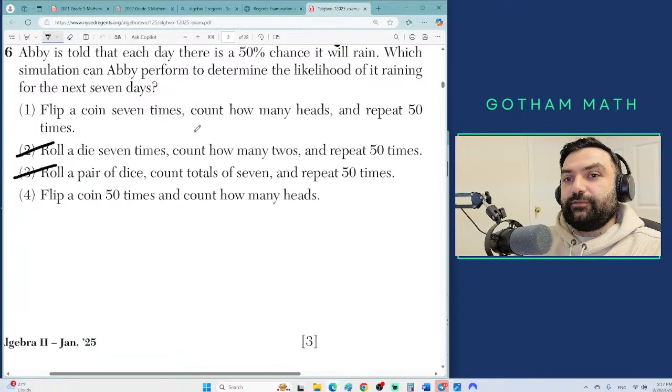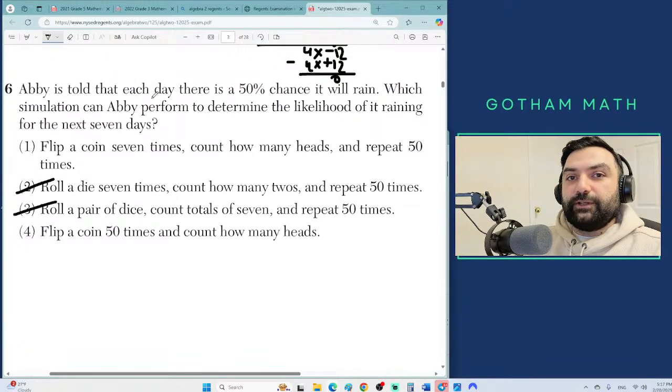Interestingly enough, they're very similar. But what is the difference? They say flip a coin 7 times, probably for each day of the week, and then count how many heads, and then repeat 50 times. But how is it going to help to flip a coin 50 times and count how many heads?